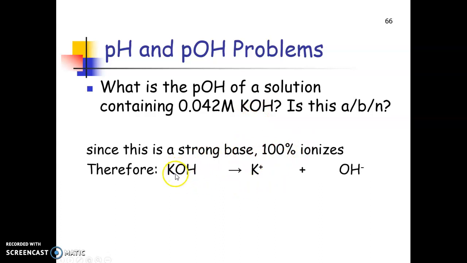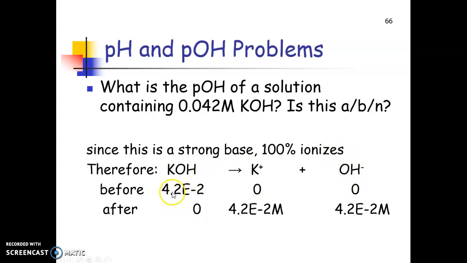So that means the KOH will dissolve, and for each KOH there's one hydroxide, so if we start with 4.2 times 10 to the minus 2 molar potassium hydroxide, then after it all dissolves there will be none of that, and then stoichiometry tells us that we'll get the same concentration of hydroxide.